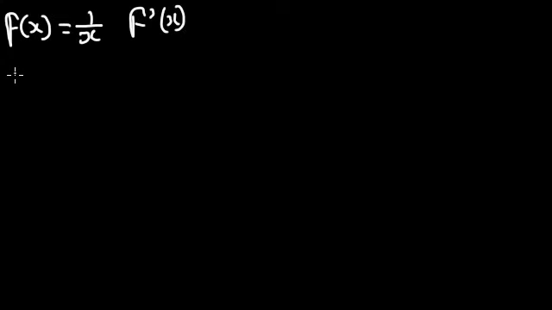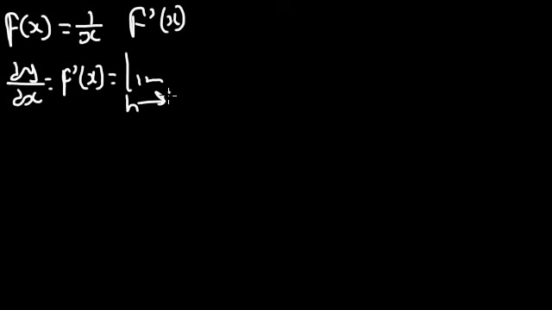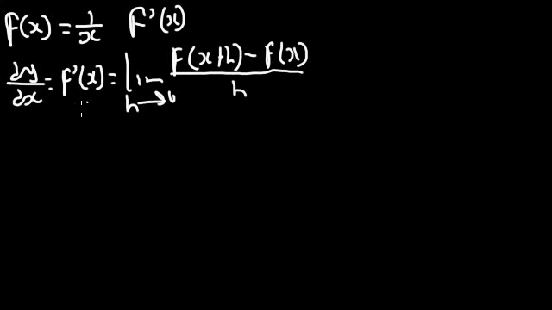So let's begin. Now from the definition, dy/dx equals f prime of x equals the limit as h approaches 0 of f of x plus h minus f of x, all divided by h. Perfect.